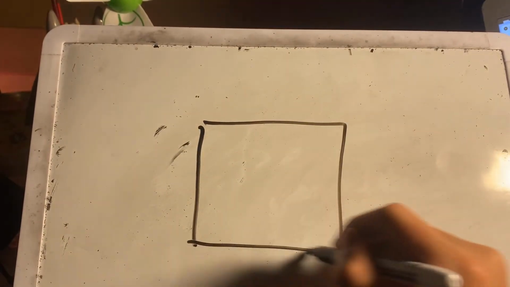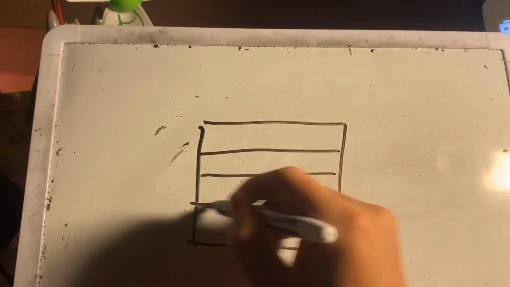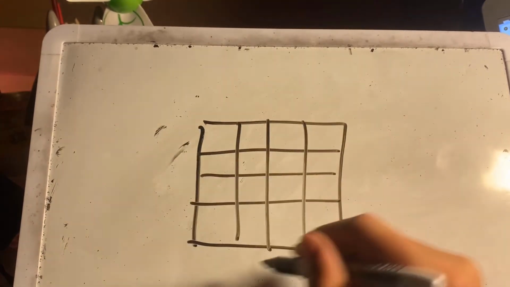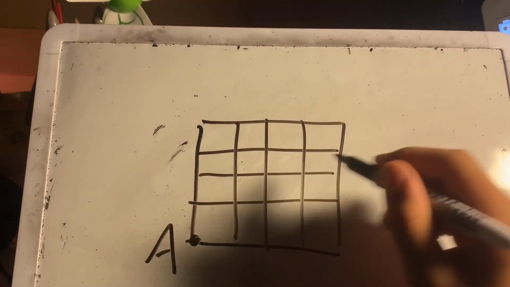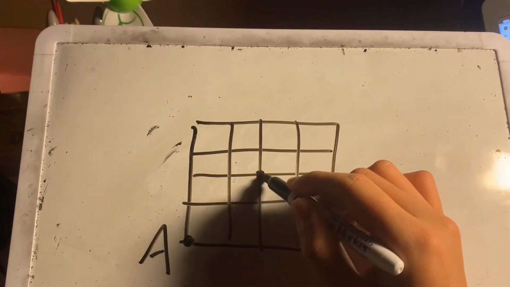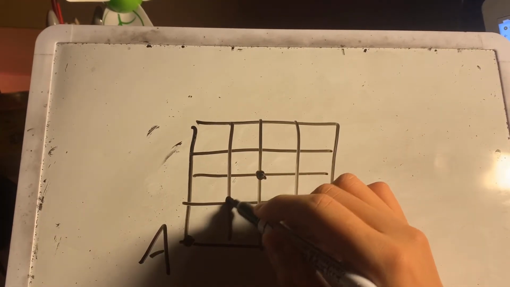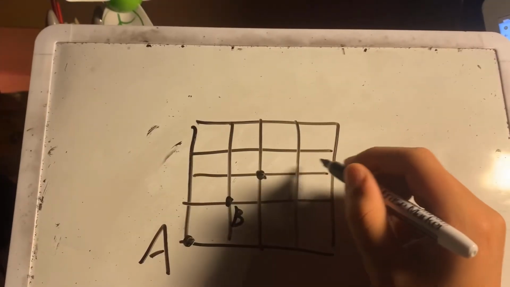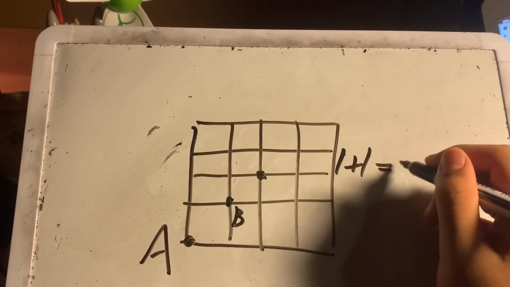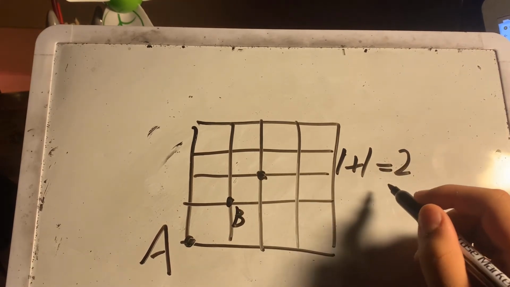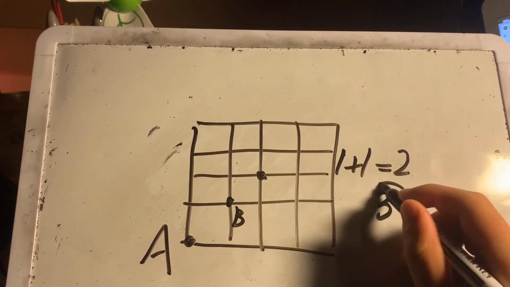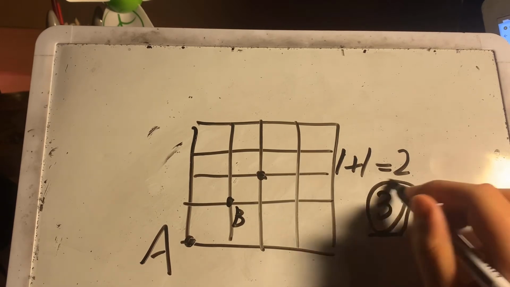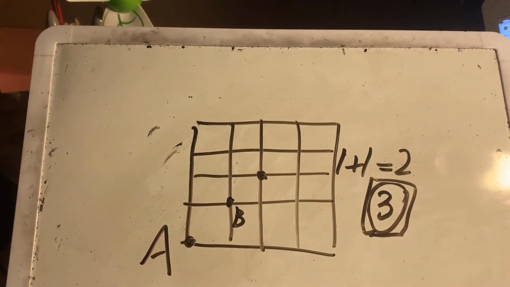So we can draw a grid to show a way that makes this problem easier. It's a 4 times 4 grid, in which we set the starting point as A and the ending point as B. The shortest length is 1 plus 1 equals 2. Let's show why it's not possible when energy is equal to 3.